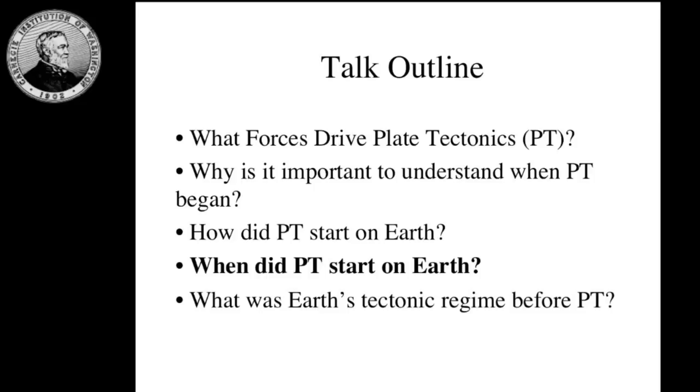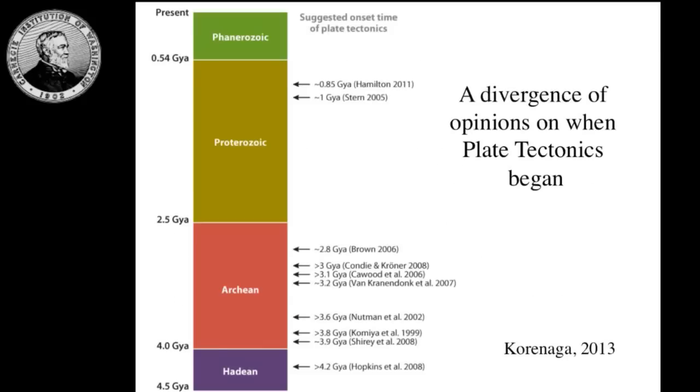So now we get into the controversial part. Okay, but you guys will bear with me, I know. This is Korenaga's summary of a few years ago. Not exhaustive at all, but here's the geologic time scale. We're here, 4.5 billion years ago. That gets us almost back to the beginning of the Earth. And here's 10 different estimates of when plate tectonics began.